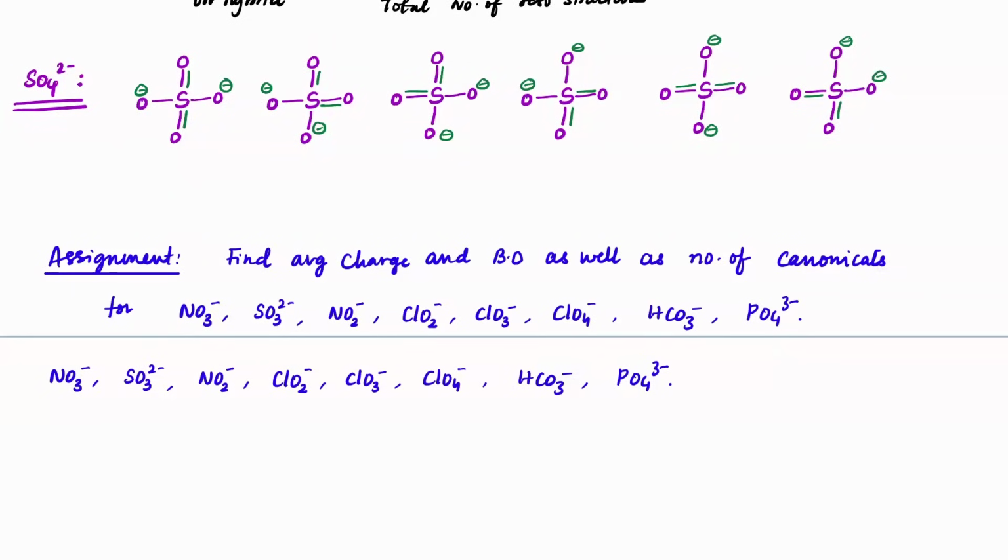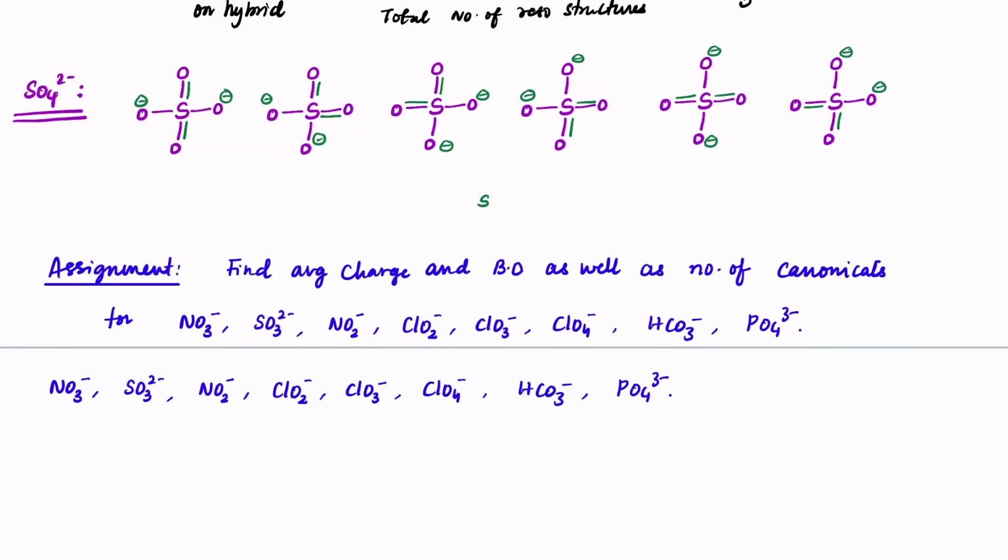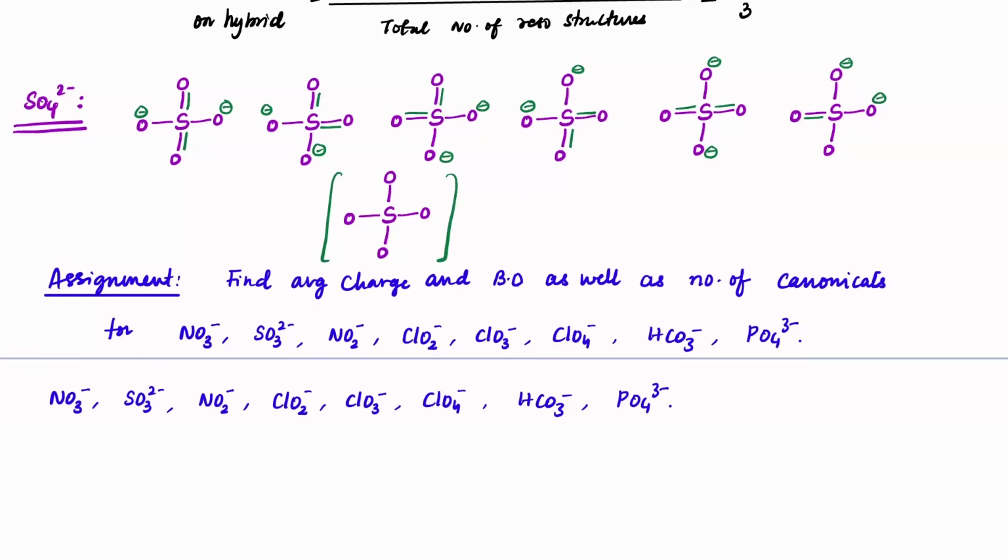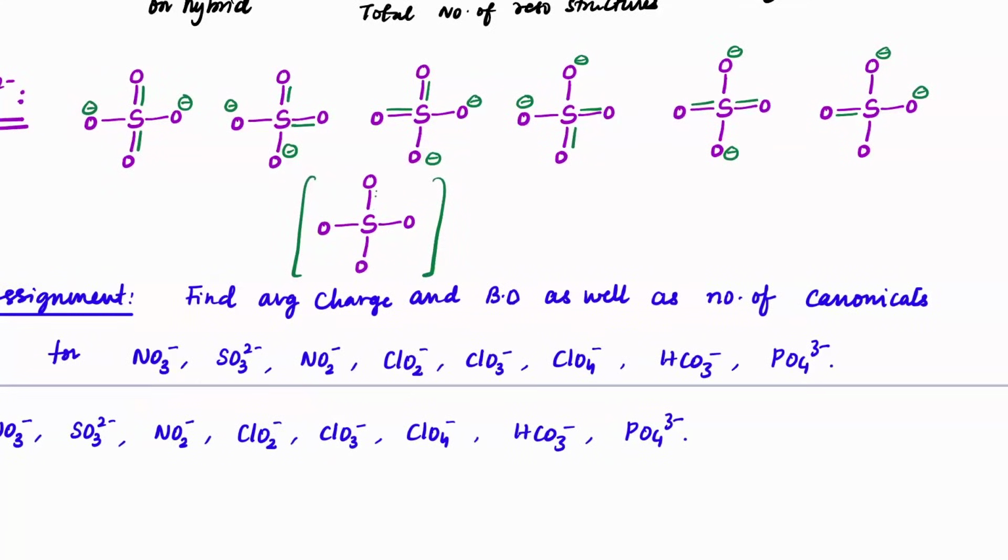And if I write the hybrid for the same, we'll have this as SO4. So if I have to write the hybrid, this is the hybrid. We will have all these double bonds moving across all these oxygens this way.